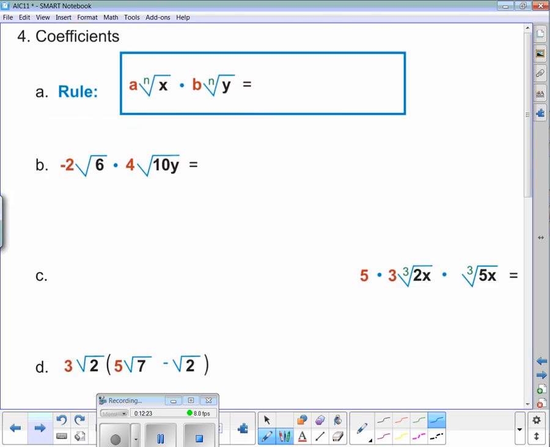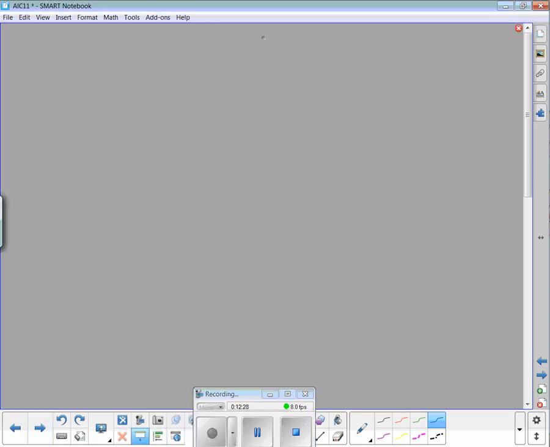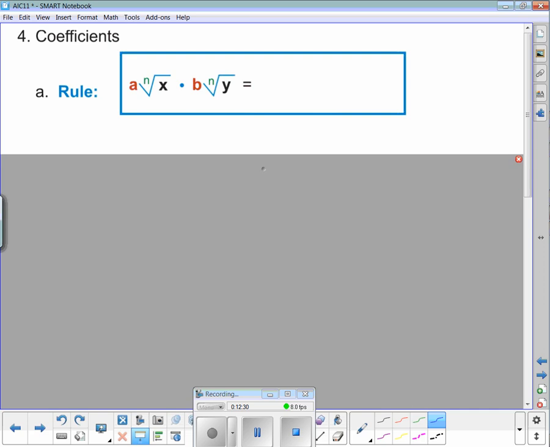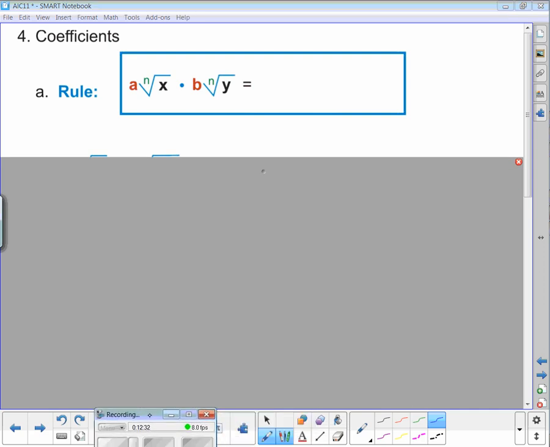Okay. So the back is just a little bit more involved. So what if we have coefficients? All right, well, it's no big deal. Anybody want to finish the rule for me? Somebody raise their hand. How would the rule go? Quinn?